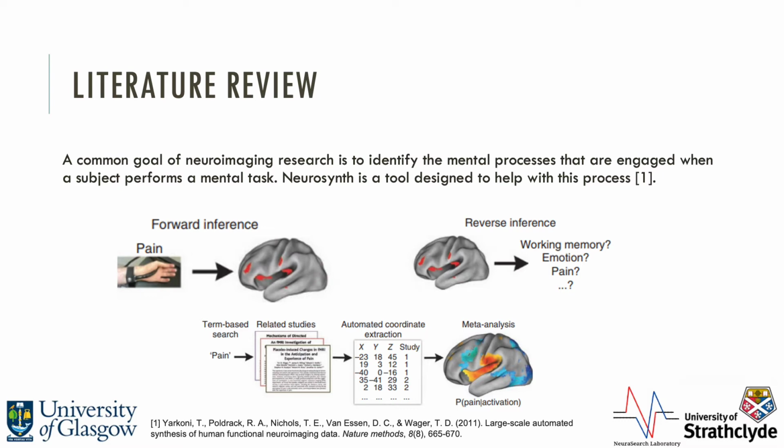Forward inference is to infer what brain activity or region is associated with a given experimental condition, and reverse inference is to infer what cognitive process or behavior occurs when given the brain activity.